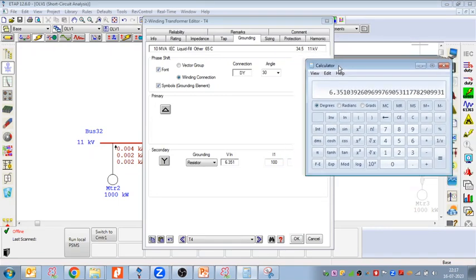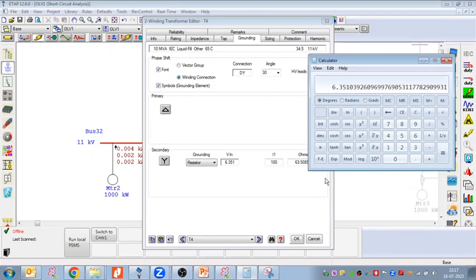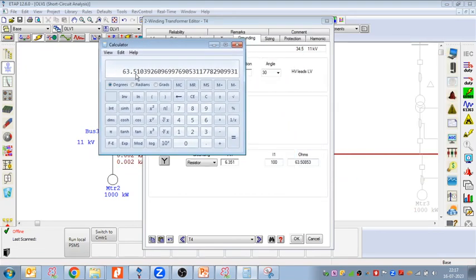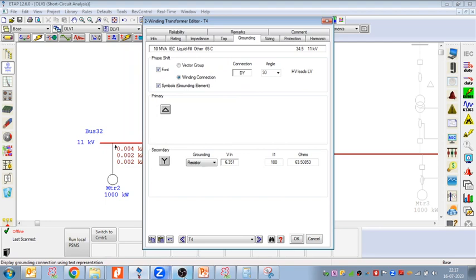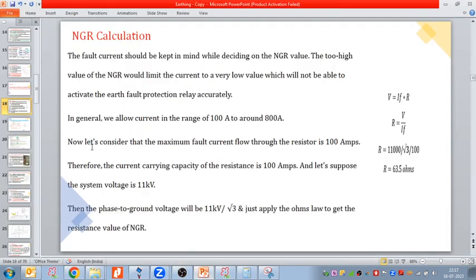That would be V divided by I, and this is kV, right? 6.351 kV, convert into volts, divided by I, which is 100 ampere. So R would be 63.5 ohm.